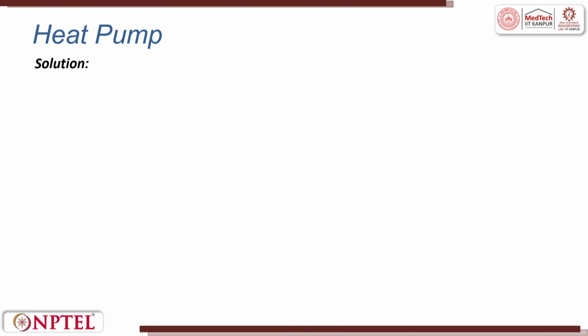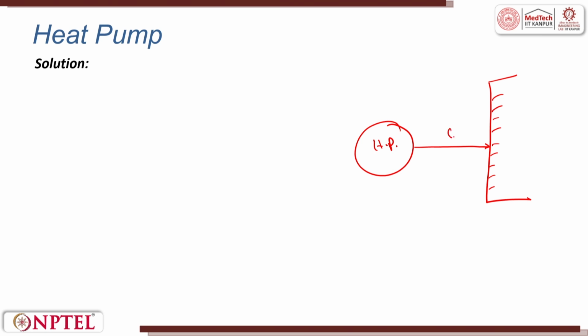Let me quickly draw a heat pump system here. There is a building here whose temperature is to be increased to 293 Kelvin, and we have a heat pump here that delivers heat to the building, the heat entering the building being QH, and there is QC here.